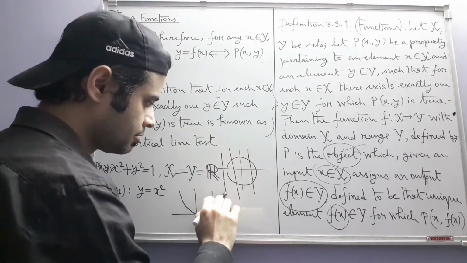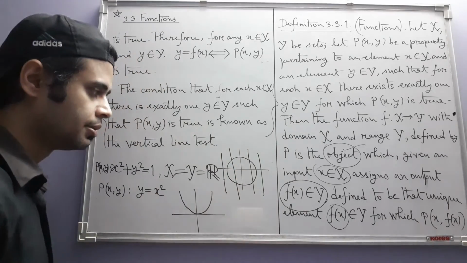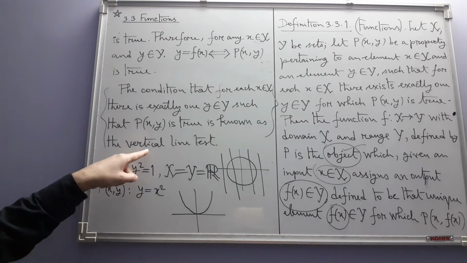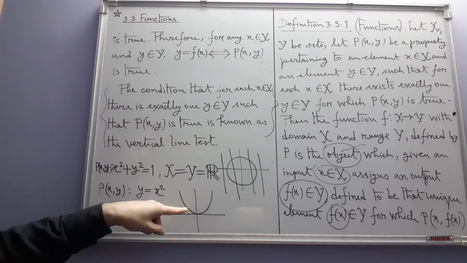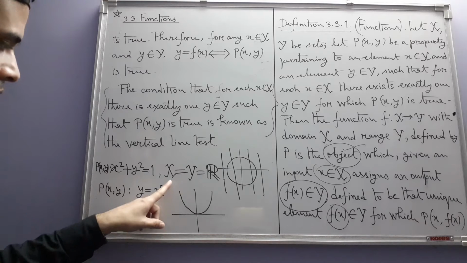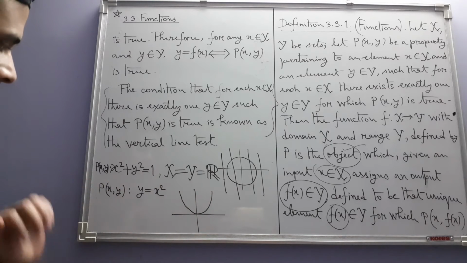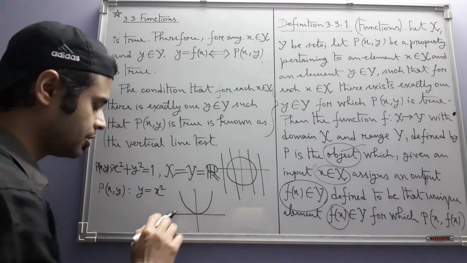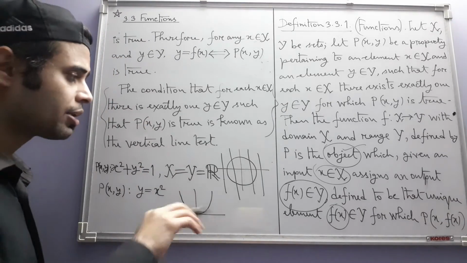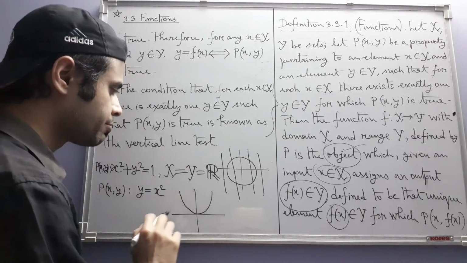Now the vertical line test says that if you draw a vertical line, okay, like this, any vertical line, then that line should intersect the figure that you are drawing for that given relation or given equation exactly once, or at most once. At most once, I should say.